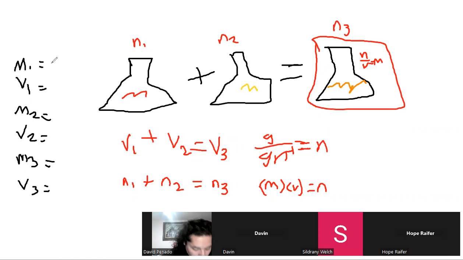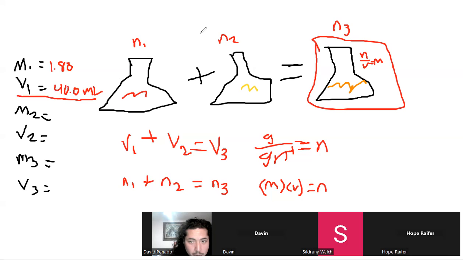What was your M1? Molarity one times 0.04 is 0.072. Molarity one is 1.80 with a volume of 40.0 ml. That's the first solution, this bottle.